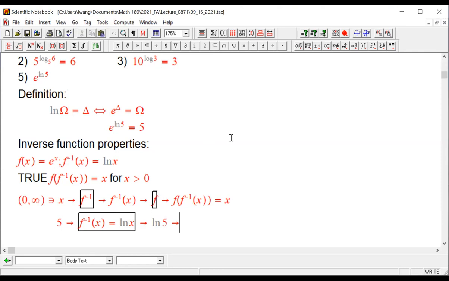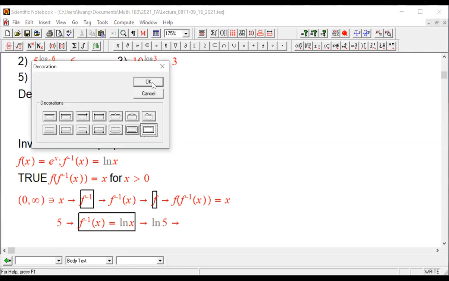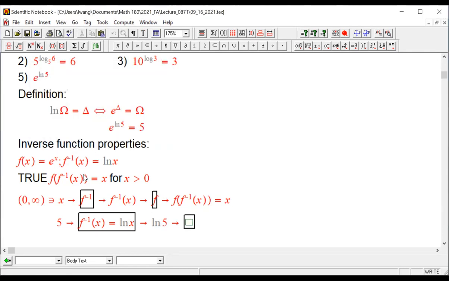And f is a different rule. The f rule is e to the power X. So this will be the input, and the input will replace X. So in the end, we get e to the power of ln 5. And we're told that that's going to be the same as X, and X was 5. That's the flow.